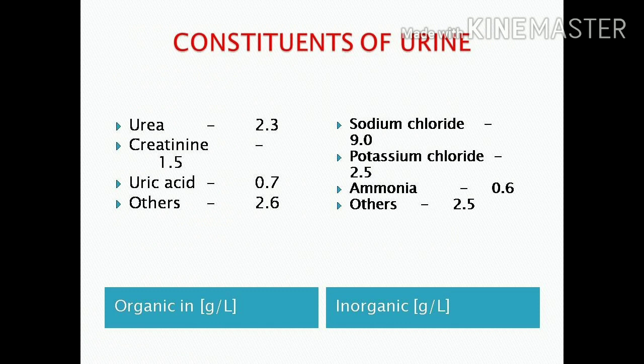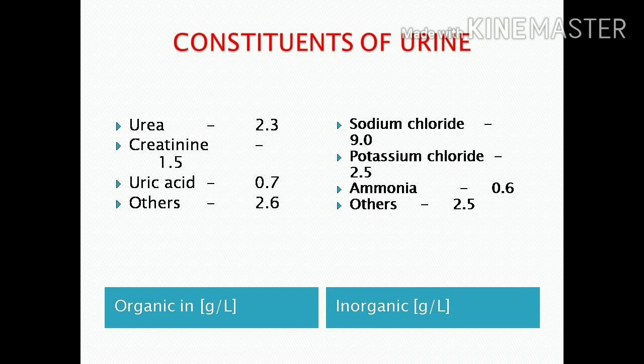Next, constituents of urine. The normal human urine consists of about 95% water and 5% solid waste dissolved in it. The percentage of the solid waste may slightly vary according to the food taken and the time after taking food, but usually these are approximately in grams per liter of urine as follows.